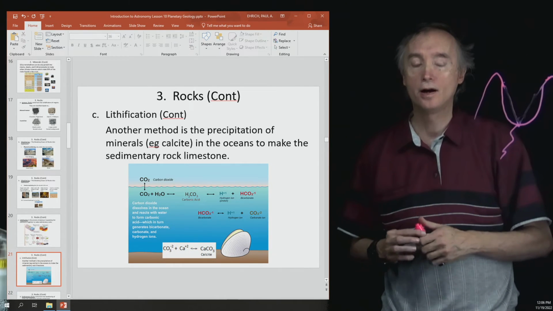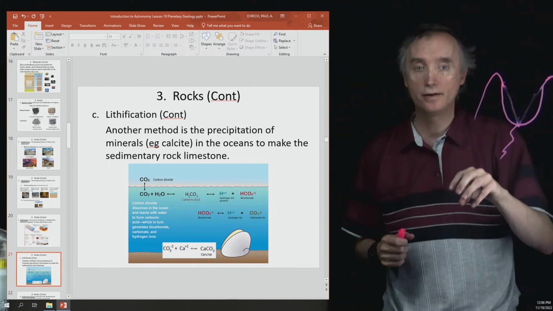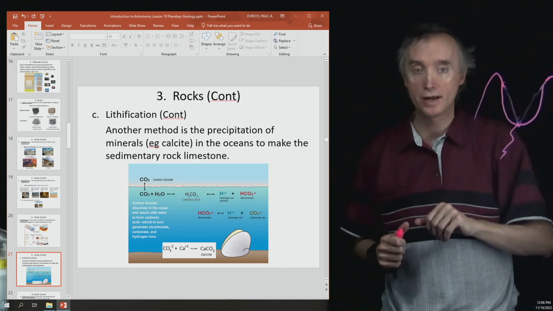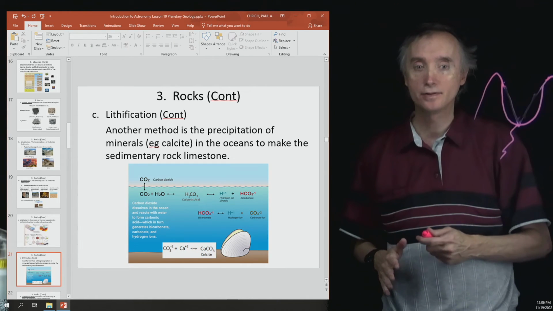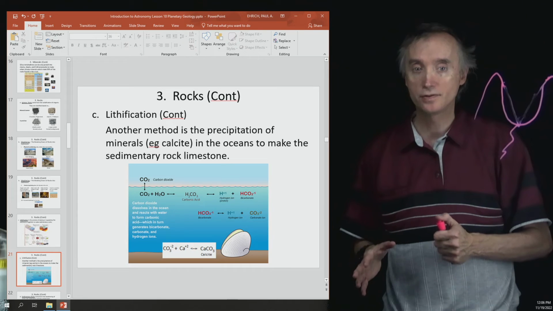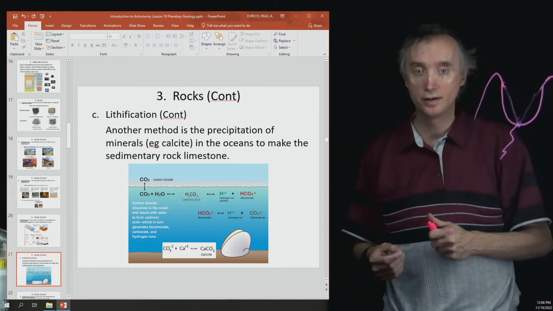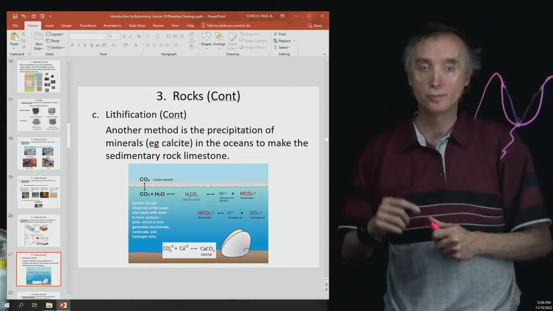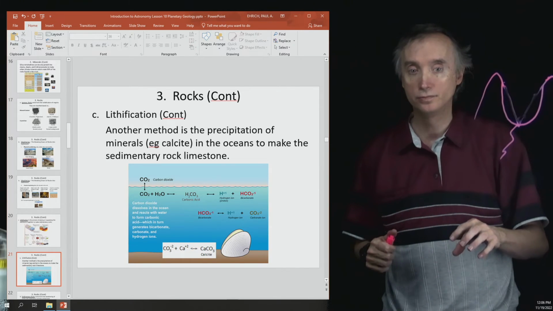Then another one of the hydrogens pops off, and you have a bicarbonate ion. That in turn mixes with calcium, which is dissolved in the water, and you end up with calcium carbonate, CaCO3.